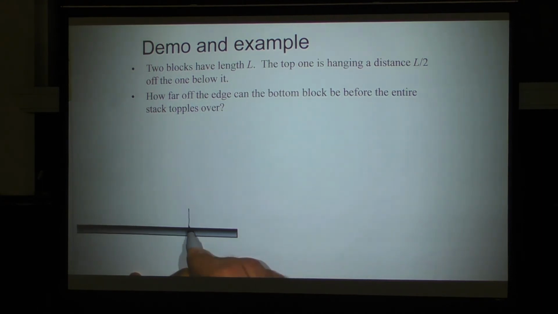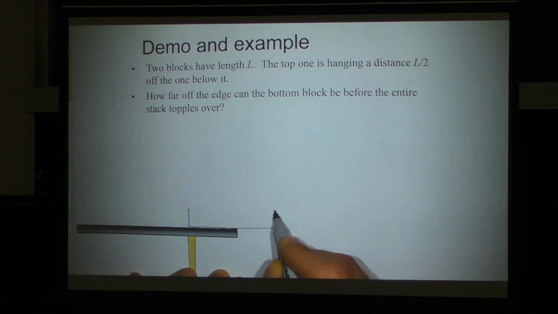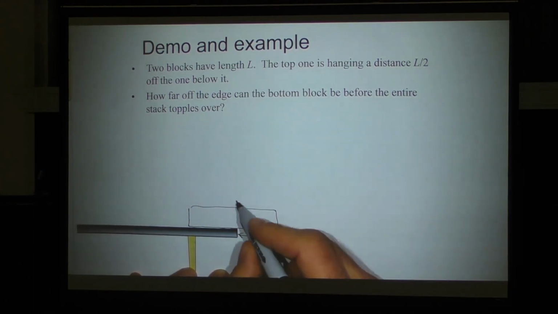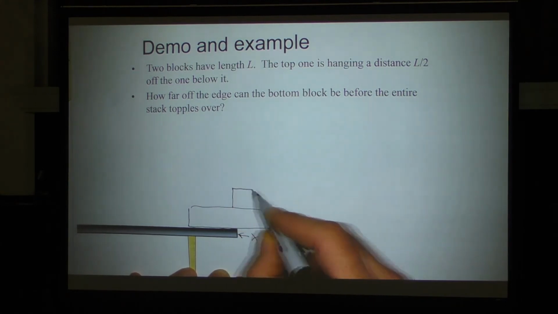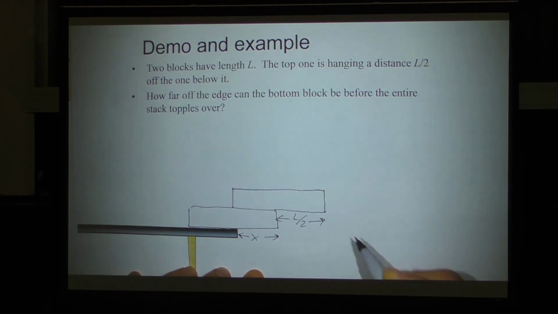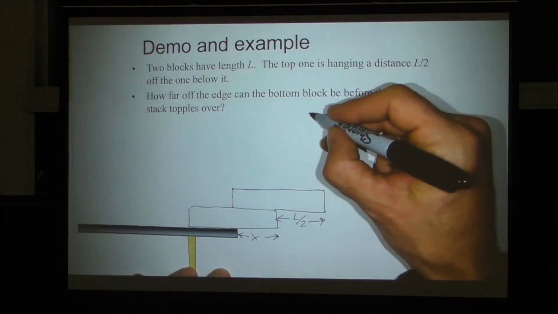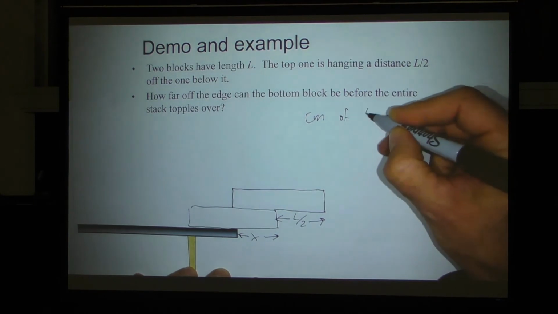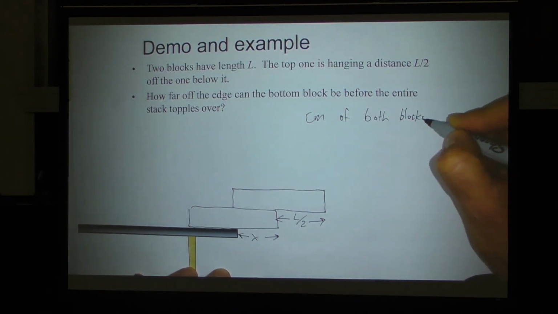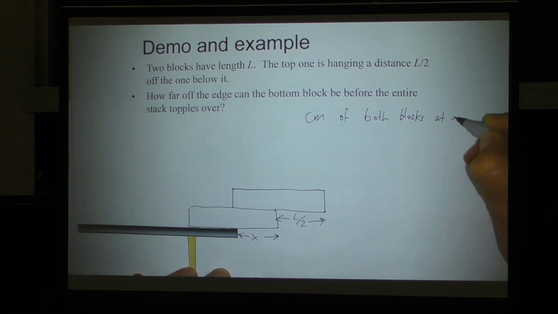What I'm doing now is putting a block here somewhere, and I don't know this distance x. And right on top of that, I know that I have this thing, some distance L over 2. Can you picture that? And so you solve for x. So what I'm going to do is put the center of mass of both blocks at the edge of the table.